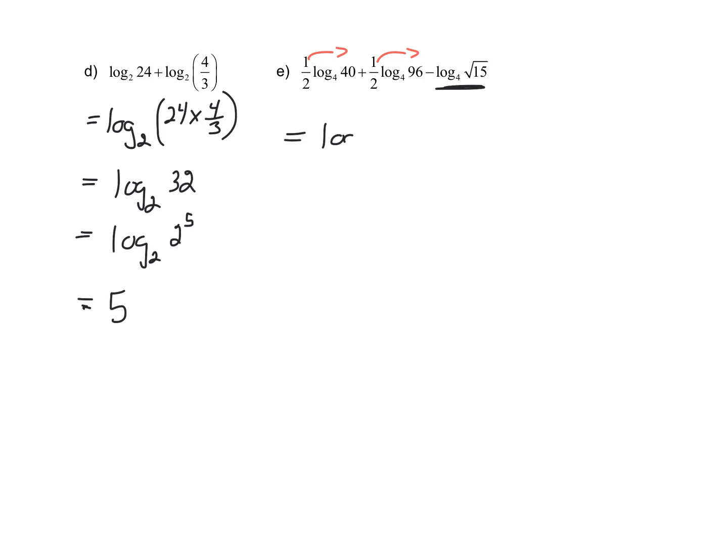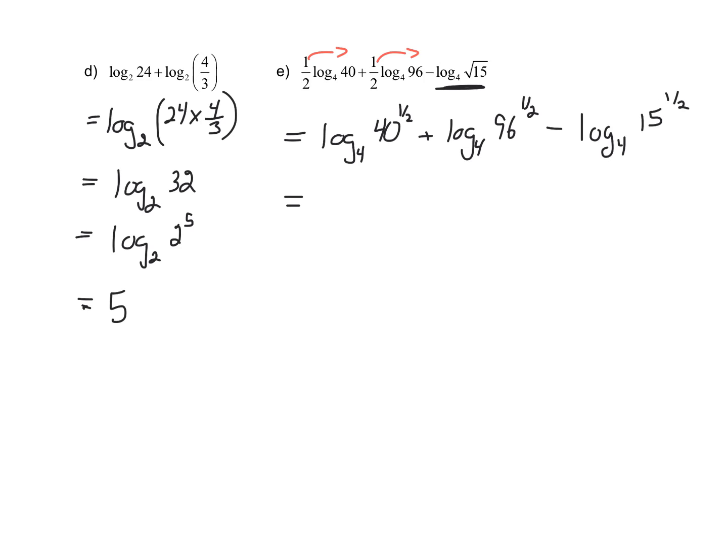So we have the logarithm base 4 of 40 to the 1/2 plus the logarithm of 96 to the 1/2 base 4 minus the logarithm of 15 to the 1/2 base 4.